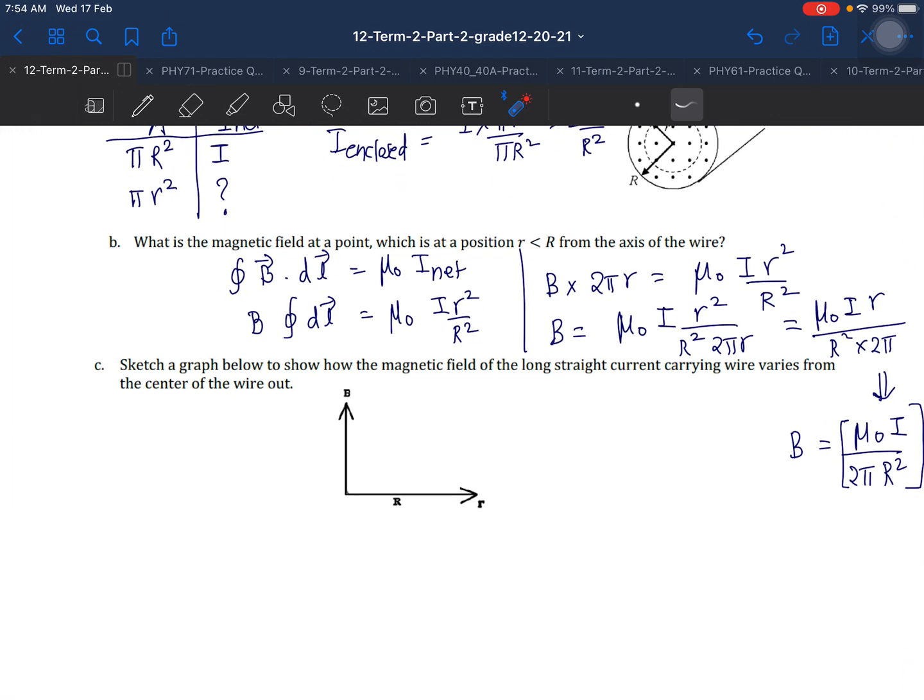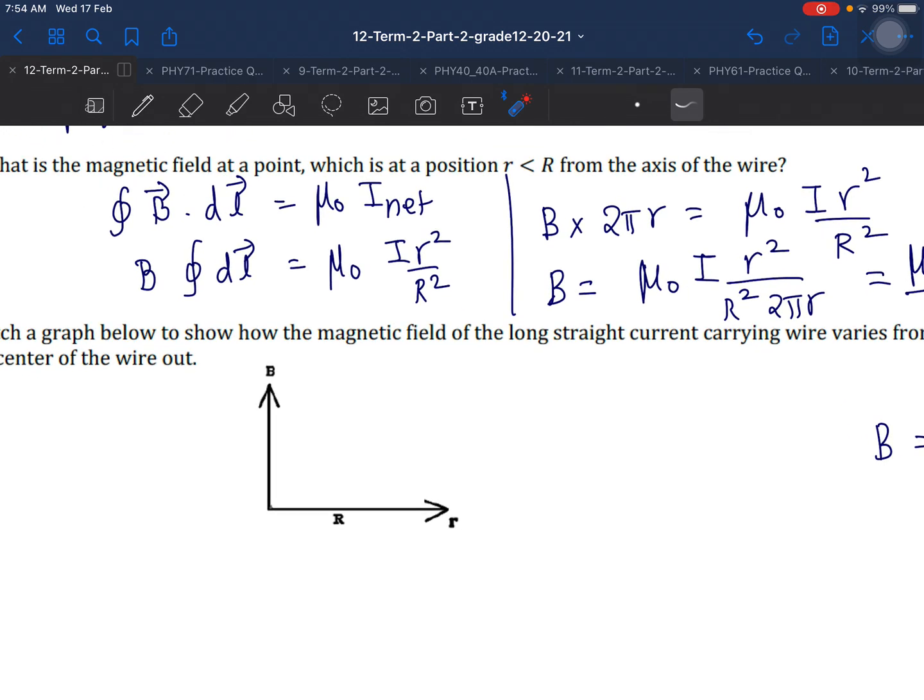So we have to fix the radius of the real wire on the x-axis, because at this point we are going to get a discontinuity.